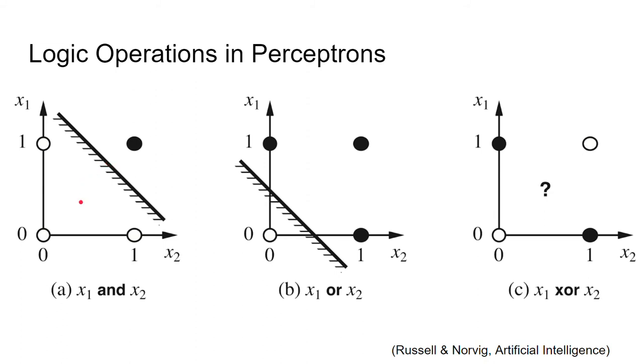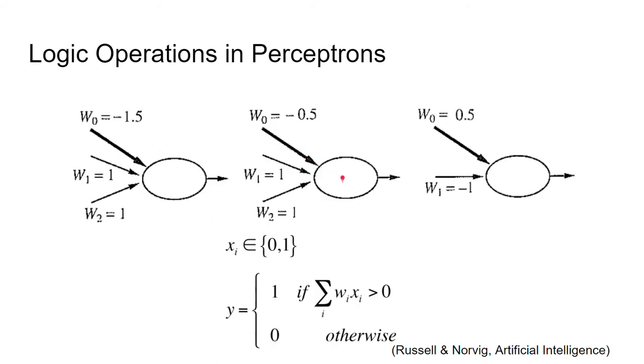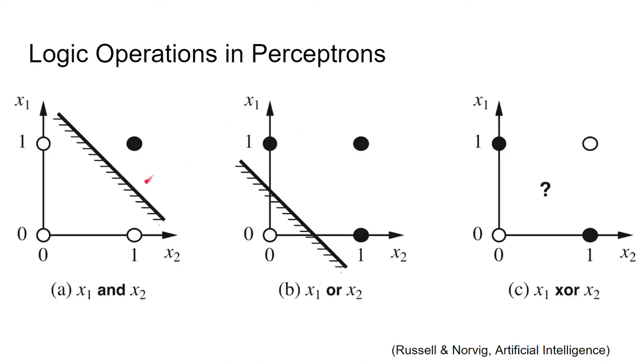Everything on one side of this line, the output is 0, and everything on the other side of the line, the output is 1. As we adjust these weights, we're sort of rotating that line. And as we adjust this weight, we're sort of shifting that line. So you can see that as we go from this diagram to this diagram, the line is shifted down.